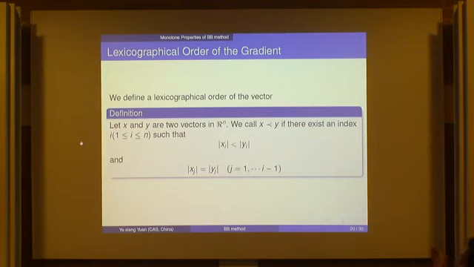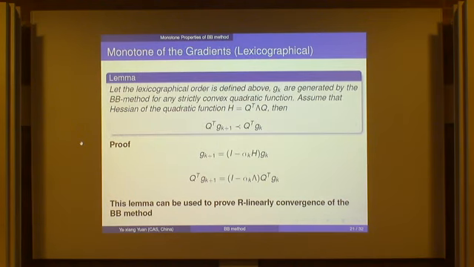If you look at the dictionary order, then we were able to prove that, based on this dictionary order, it will be monotone. I'm not showing you how to prove the results, only giving the results.